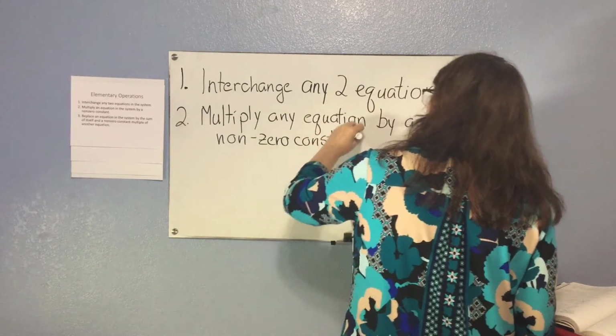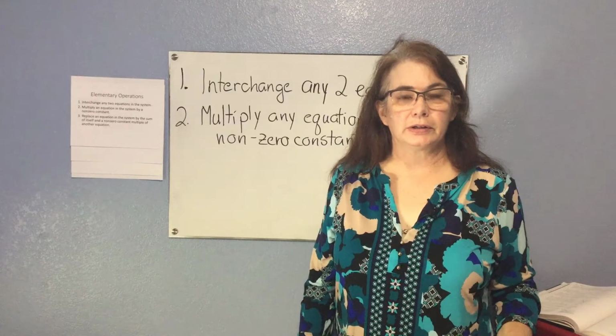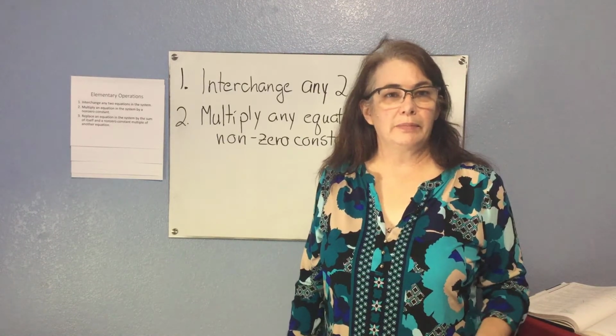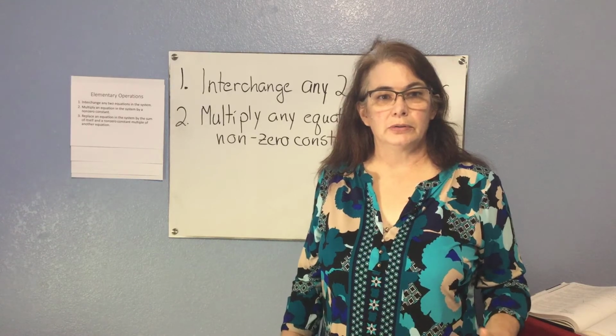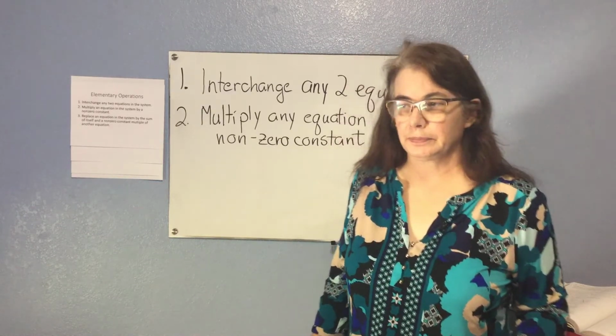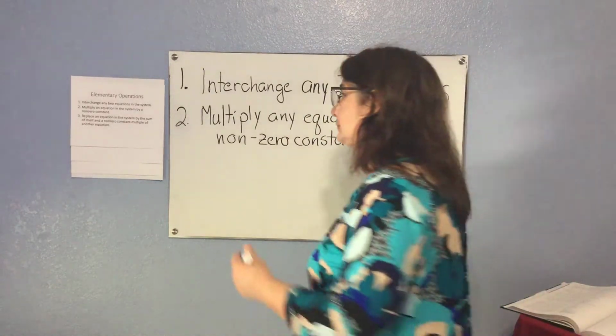You've done this already when you are working on systems of two equations. Multiply one by a non-zero constant to get one variable to cancel itself out. So even in larger systems, we can still do that.